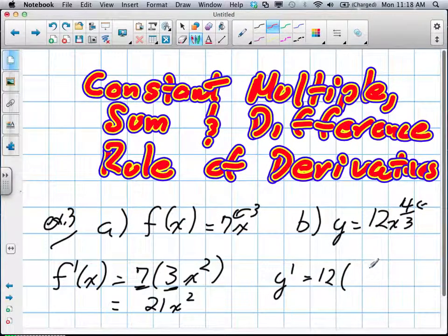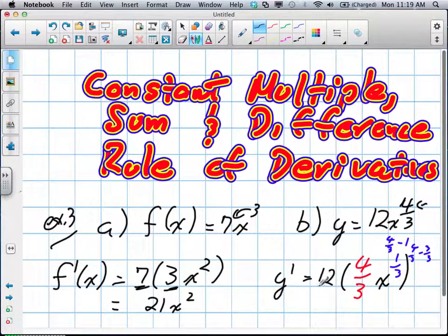That 4 over 3 becomes our coefficient. And our new exponent is equal to 4 over 3 subtract 1. We know that 1 is actually 3 over 3. So we get 4 over 3 subtract 3 over 3. Our new exponent is 1 over 3.